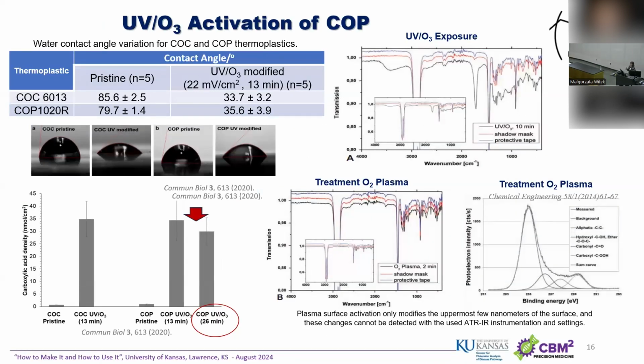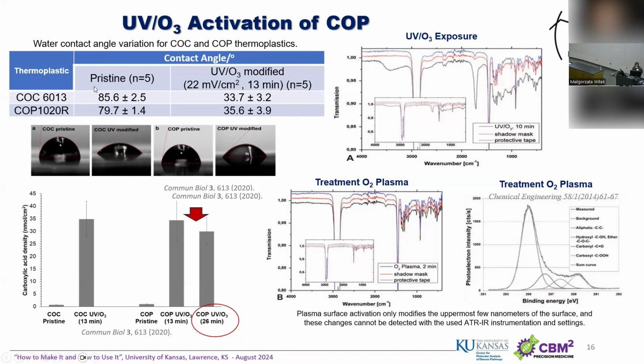COC and COP are activated pretty much the same way. We see the same trends for these two materials. But I want to bring your attention to one thing. Usually, for the data that I showed you in those past slides, we perform the UV activation with the UV ozone light for 15 minutes.